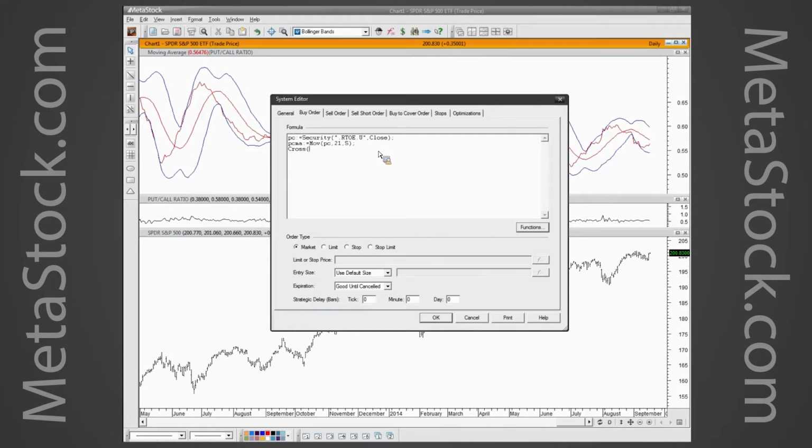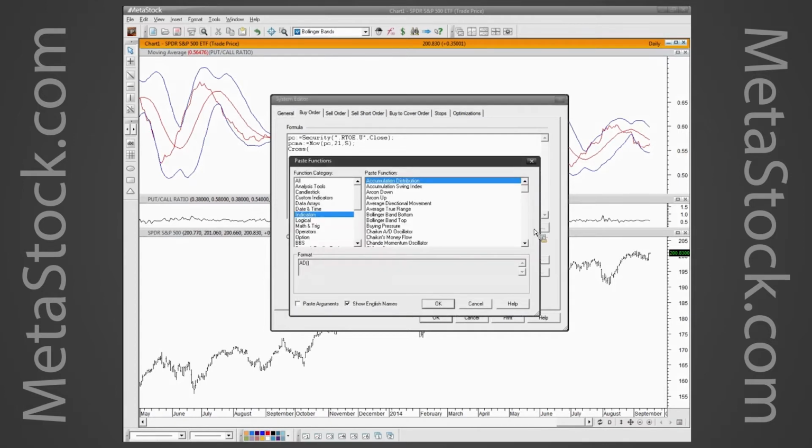Because we want to check for the put-call ratio moving average crossing below the upper Bollinger Band, we're going to put the upper Bollinger Band function into the cross function as the first data array.